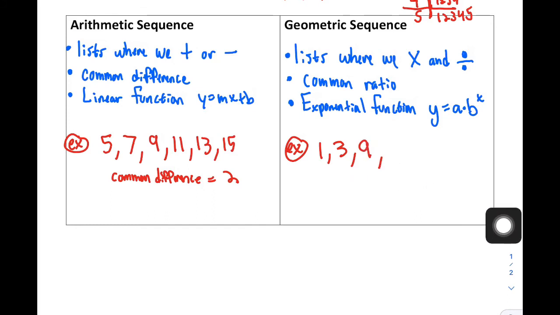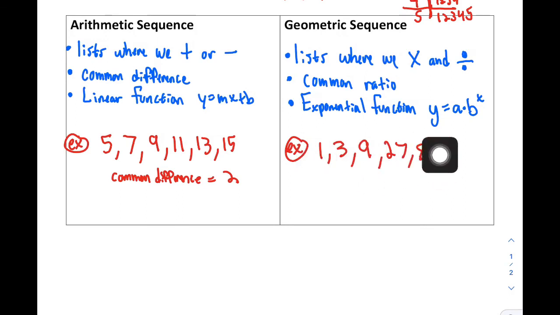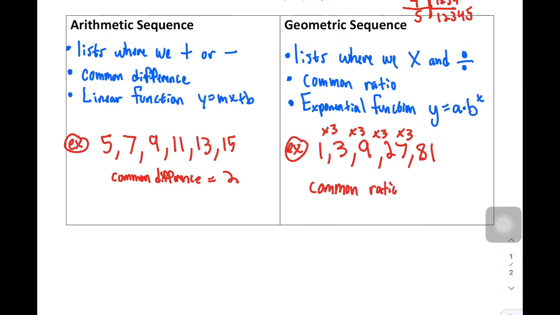If I follow this pattern to get my fourth term, 9 times 3 is 27. And then one more term, let's do 5 terms. 27 times 3 is 81. So here I have a geometric sequence where my first term is 1 and we are multiplying by 3 to get each term after. So my common ratio is 3.